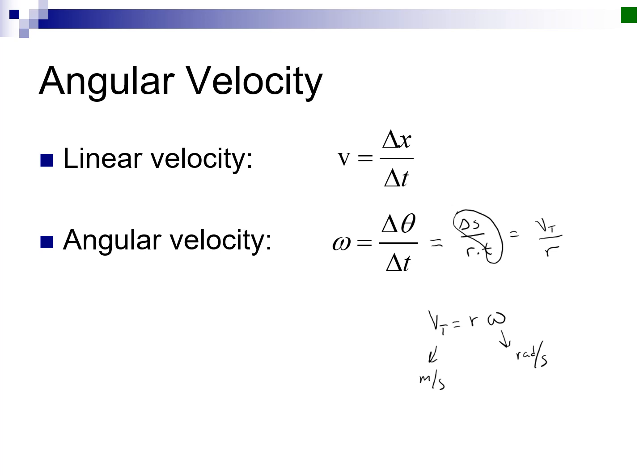We can find that delta S over time is equal to another velocity, which is tangential velocity divided by r. Therefore, tangential velocity is equal to r times omega in this case. Tangential velocity is measured in meters per second, and the angular velocity is measured in radians per second.